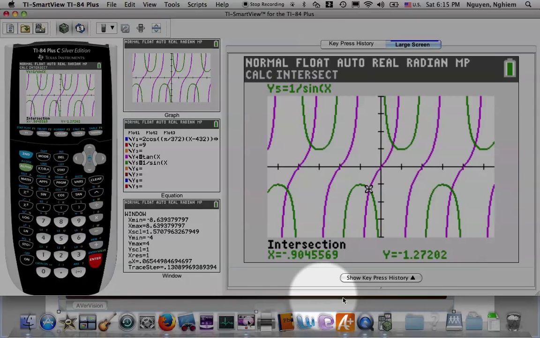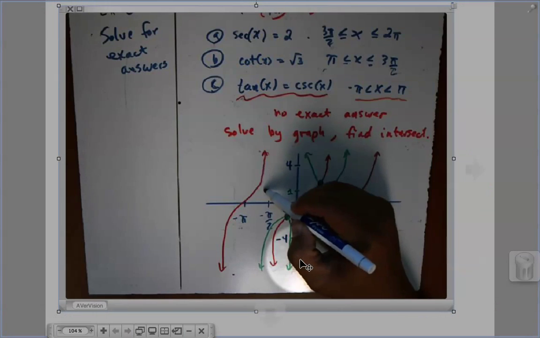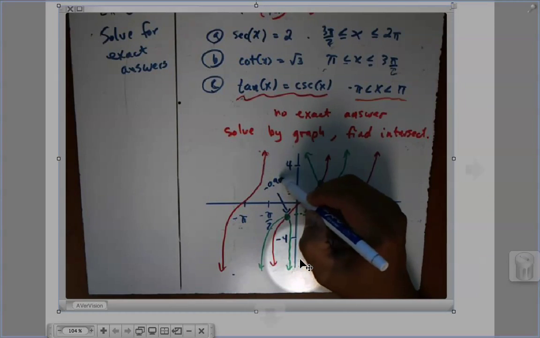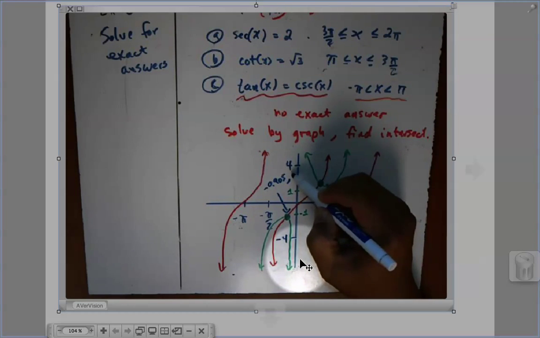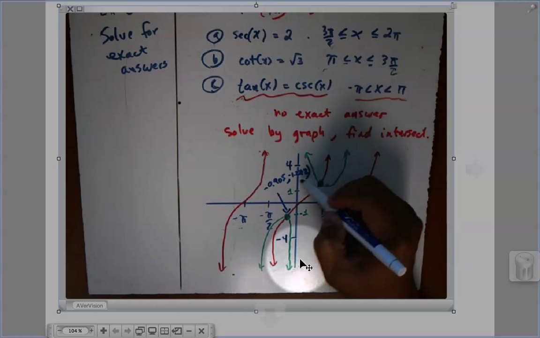And that'll give me, my intersection is approximately negative 0.905 and negative 1.272. So this point right here is approximately negative 0.905 comma negative 1.272.